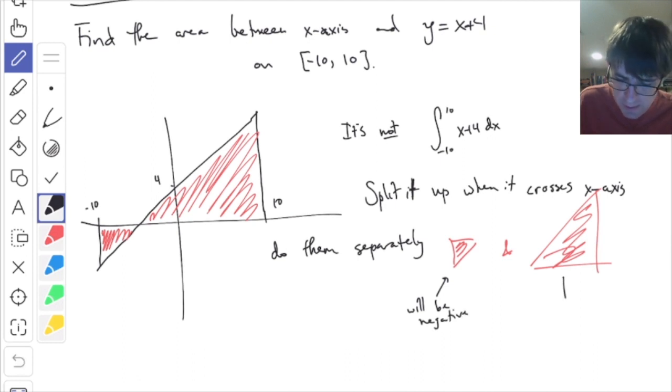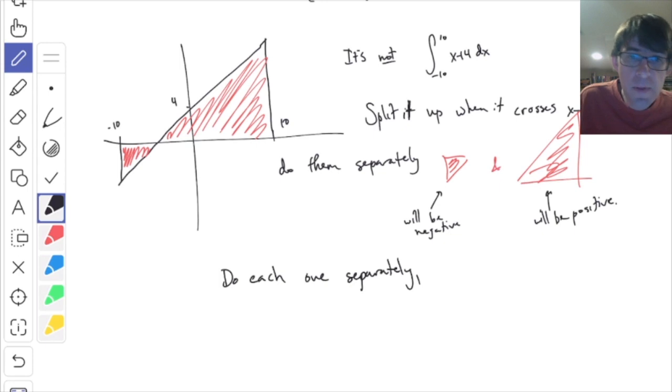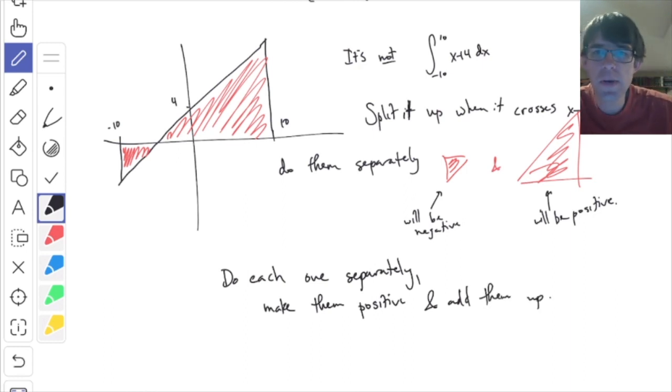This one will be positive, just because it's above the x-axis. So our strategy here will be to do each integral separately. The one on the left will be negative, so I'll make it positive and then add them together. All right, this is our strategy.